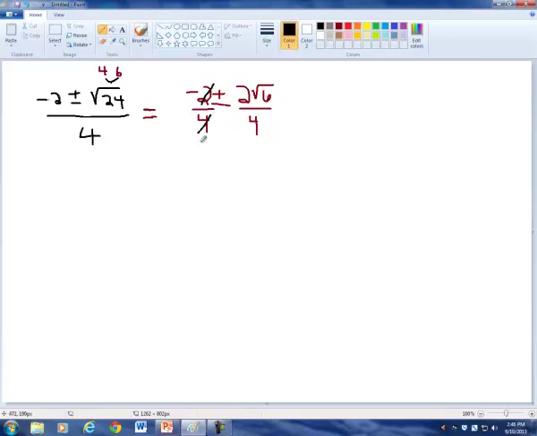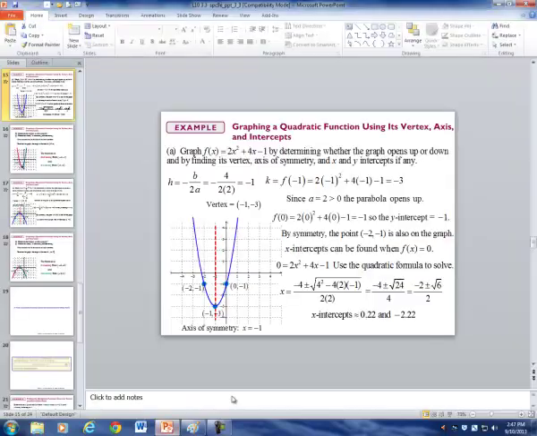The 2 goes into 4 two times, and 2 goes into itself once. So that'll be negative 1 plus or minus square root of 6 over 2. And so that's our answer, and that's what we get here.